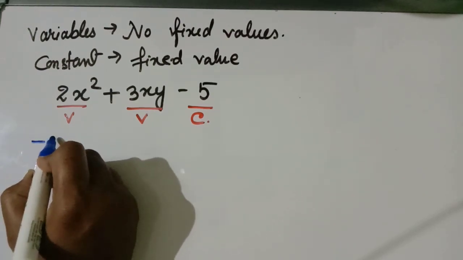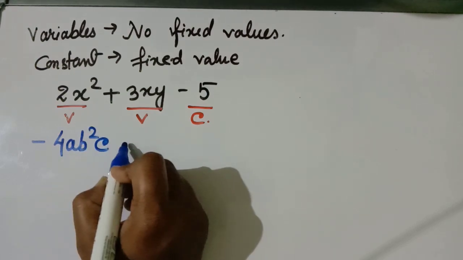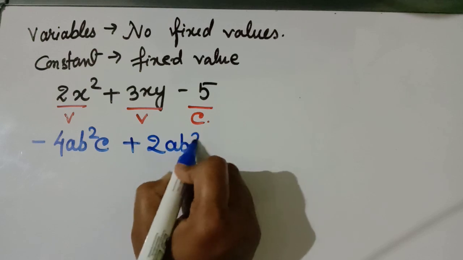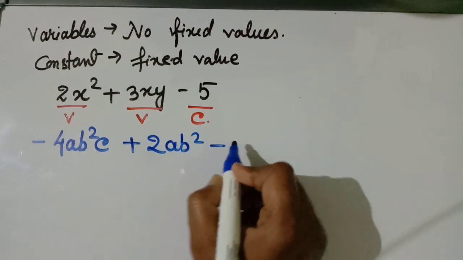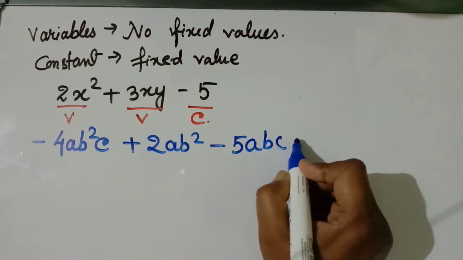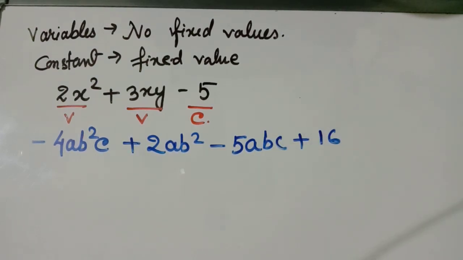Let us see another example. Suppose minus 4ab square c plus 2ab square minus 5abc plus 16. Now you can easily tell the answer. What are the terms here?